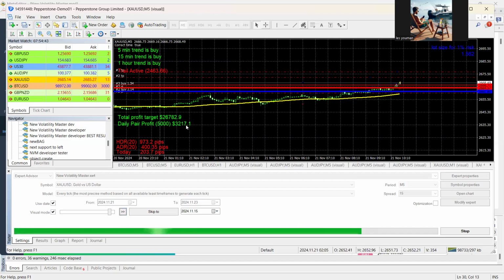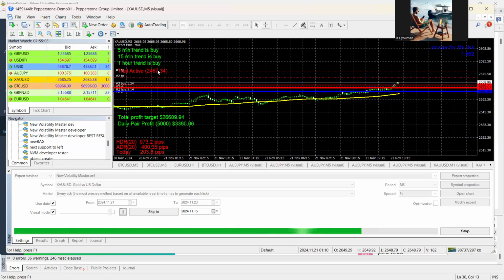Just pause it there. So we're at $3,200, and this one's at $2,400. This one was obviously at $3,400 at one stage. And as it goes up, we can see this one increasing as well.